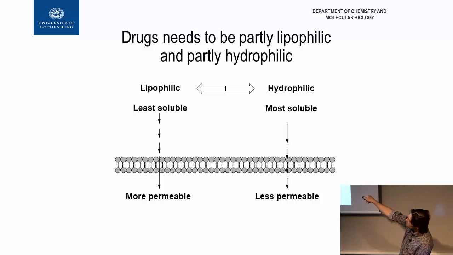And this basically means that we have to have a balance, it should be, in Swedish, lagom, just reasonably lipophilic and reasonably hydrophilic in order to work as a drug. And this is a huge challenge. This sounds really simple. It's a simple question, but it's a difficult problem to address.